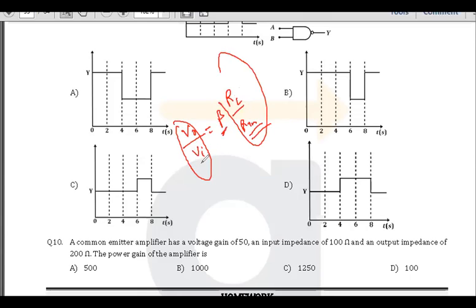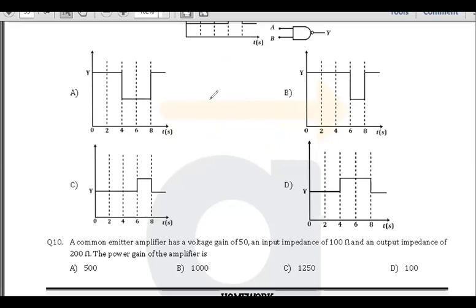Can you find beta? And after finding beta, we know that power gain is basically beta square into RL by RI. Okay, so this was the problem in class.